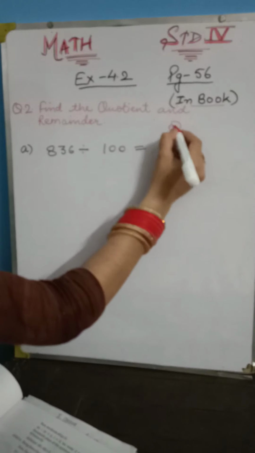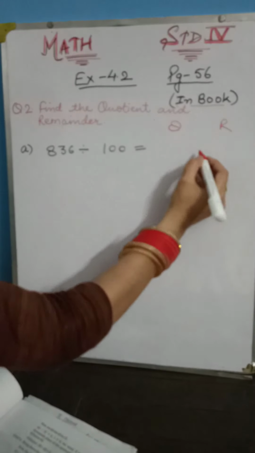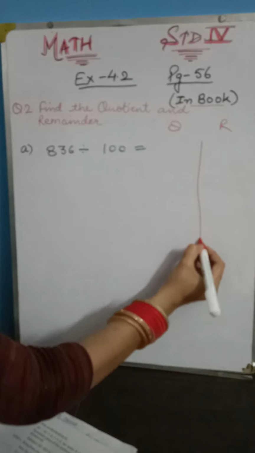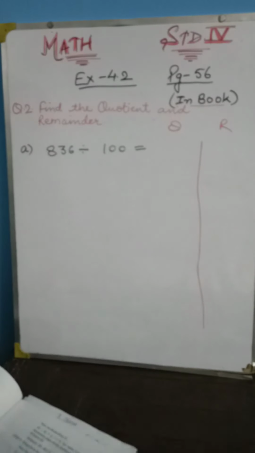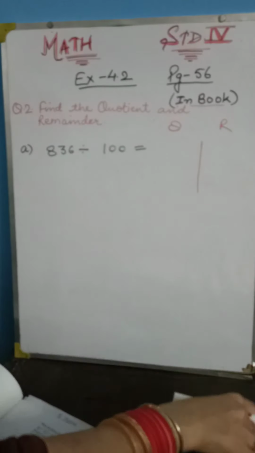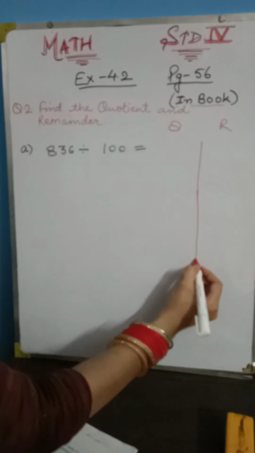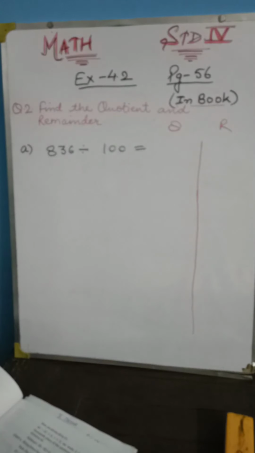So we'll make two columns, quotient and remainder. They have actually given you boxes, so there's no need to worry about that. We have discussed already how we will write quotient and remainder. So let's start by recalling that basic.